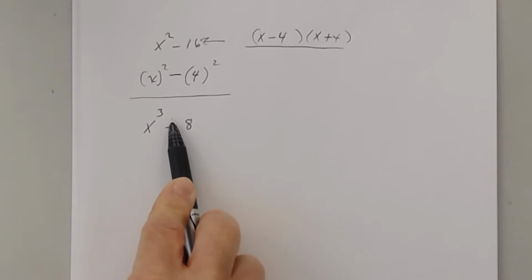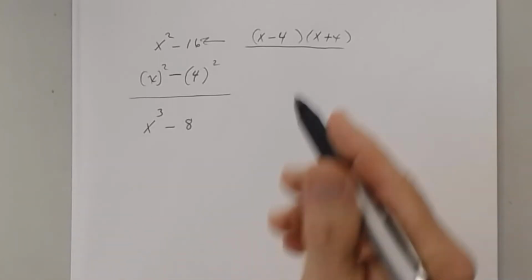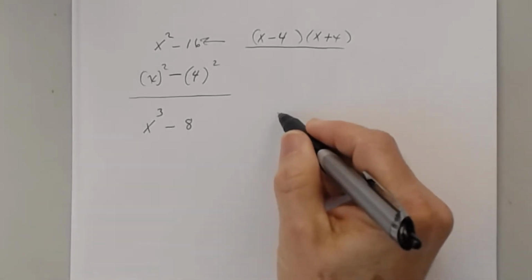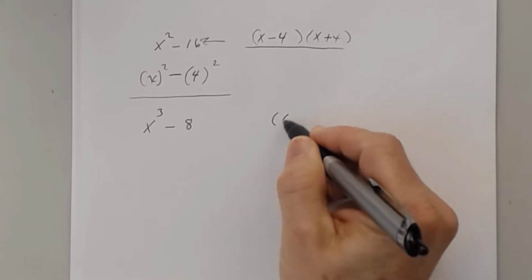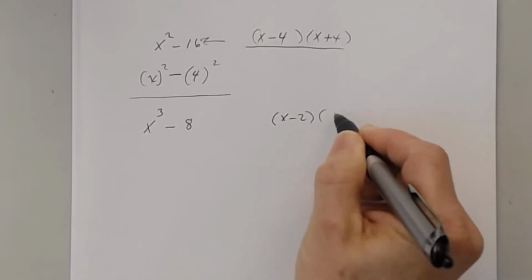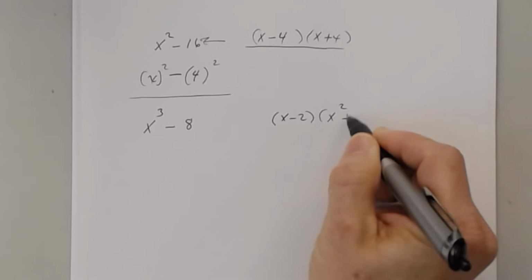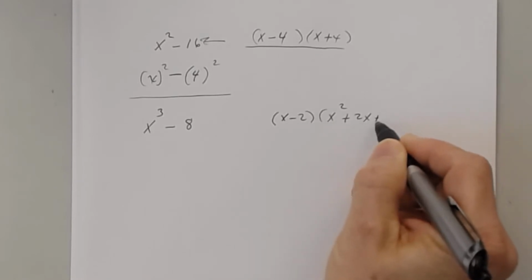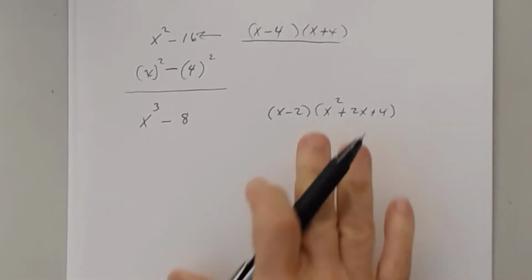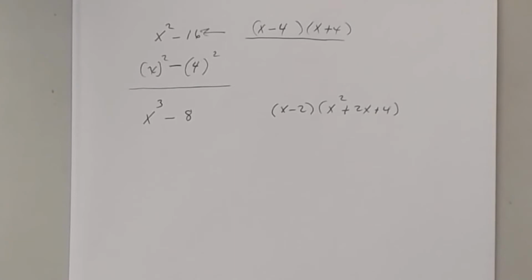So now we're going to see something. What I want you to do is this. We're gonna multiply this out: x minus 2 times x squared plus 2x plus 4. Let's go ahead and multiply this out, see what we get. Now, you can't use a FOIL method here.